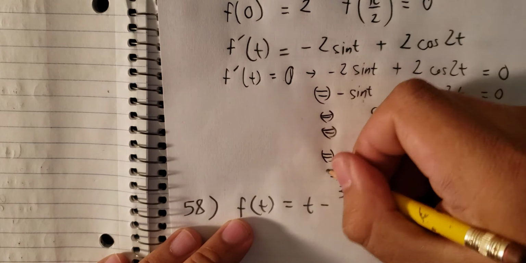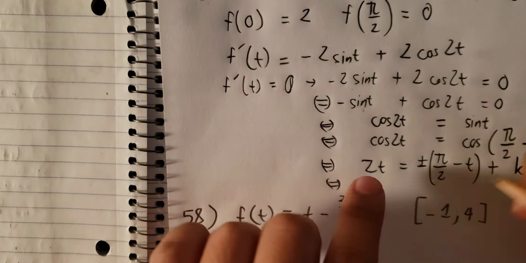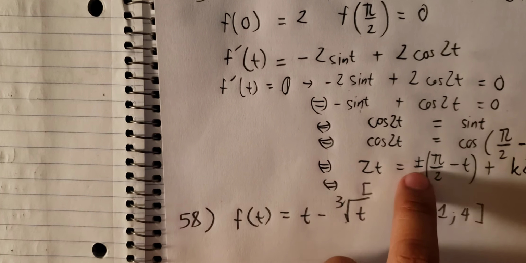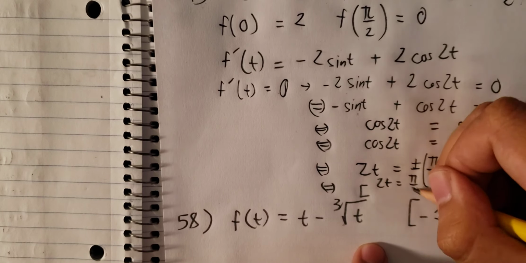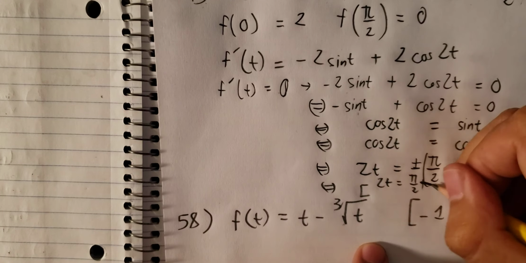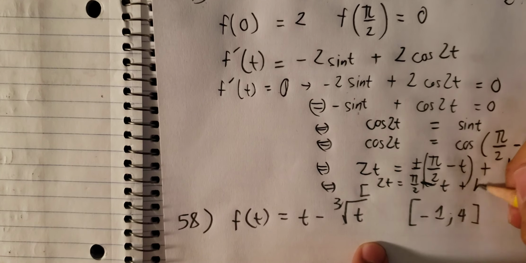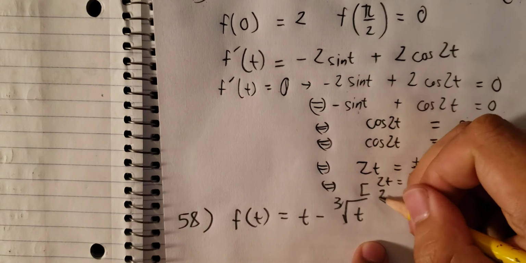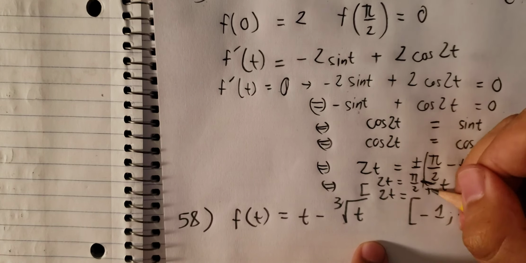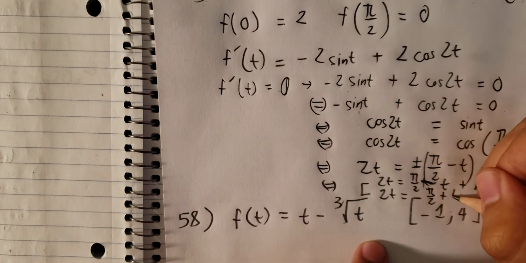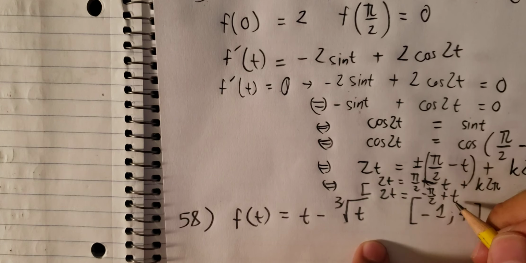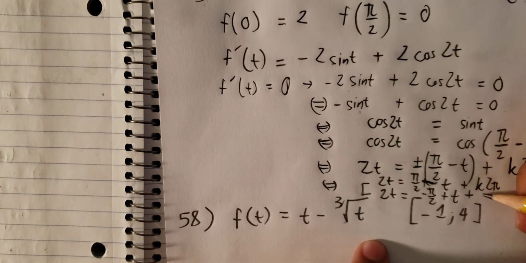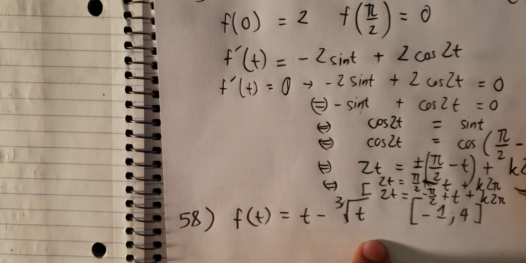So we have two answers. We have 2t equal to pi over 2 minus t plus k 2 pi, and 2t equal to minus pi over 2 plus t plus k 2 pi.